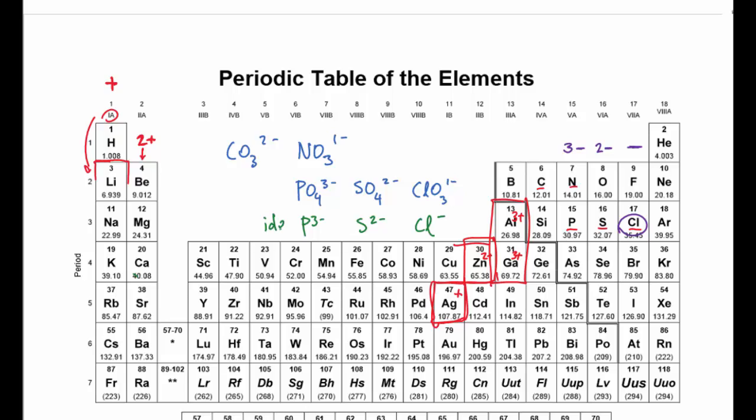Those are -ide. These are -ate. Carbonate and nitrate are different from their -ides. There is no carbonide, there's no 4 minus. But nitride is 3 minus. So it does form a nice little pattern that way. So if you're sort of a visual person that likes to map that out, that's a helpful way of looking at it.